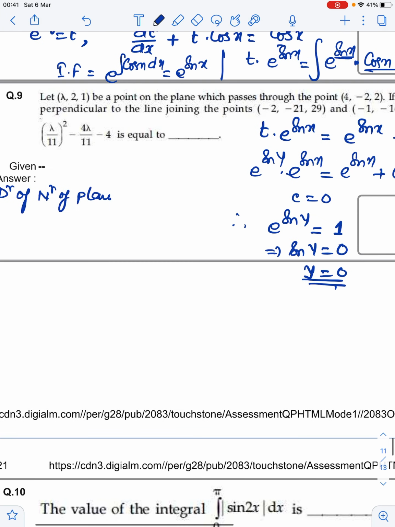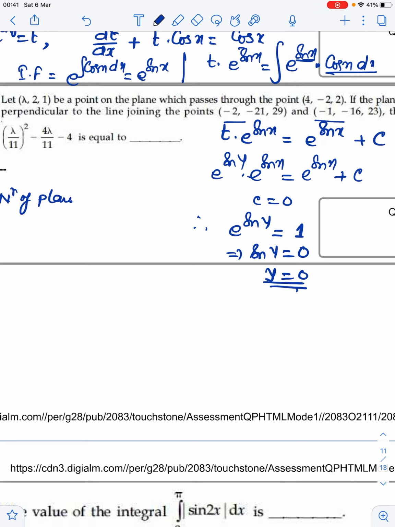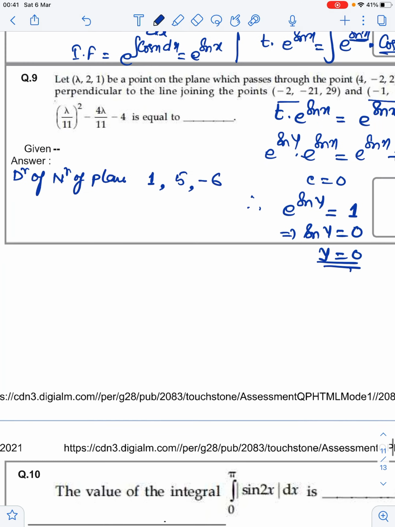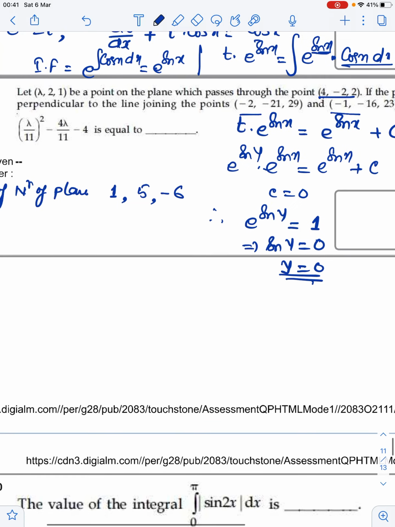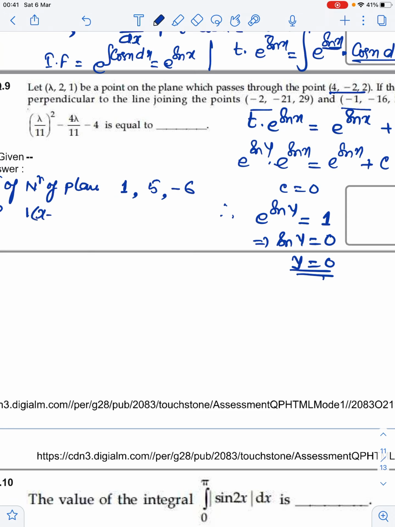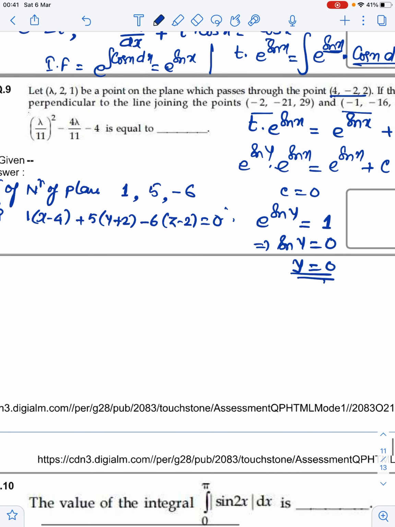So direction ratios of the normal of the plane will be, say, minus 1 minus 2, minus (plus 1), minus 16 and minus 21 is plus 5, and 23 minus 29 is minus 6. So the equation of the plane, as it is passing through (4, -2, -2), is 1 times (x minus 4) plus 5 times (y plus 2) minus 6 times (z minus 2) equal to 0.